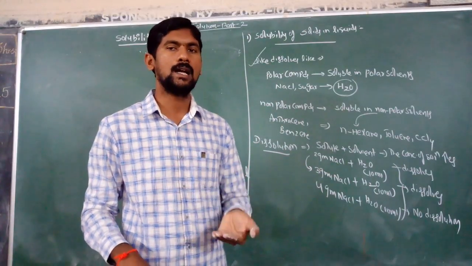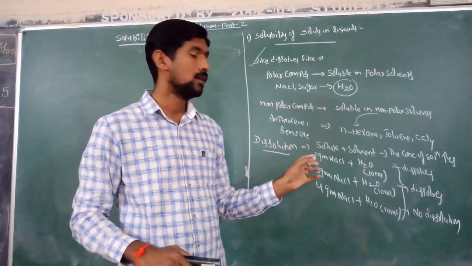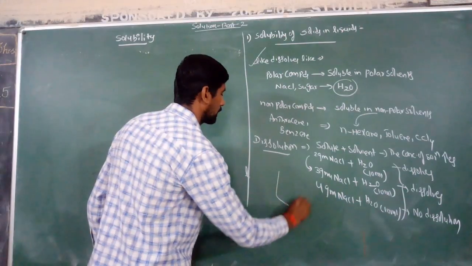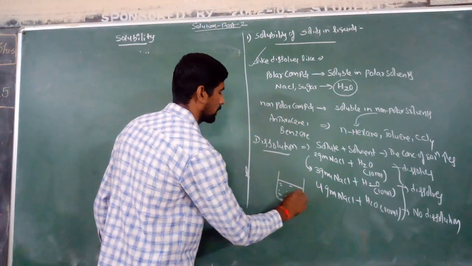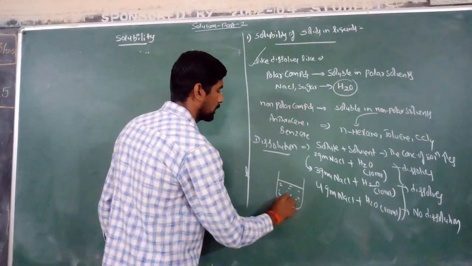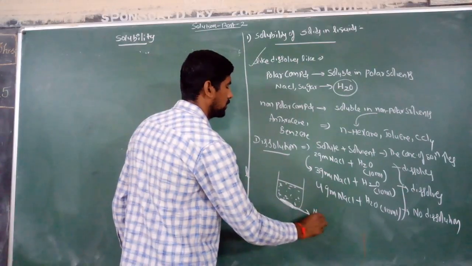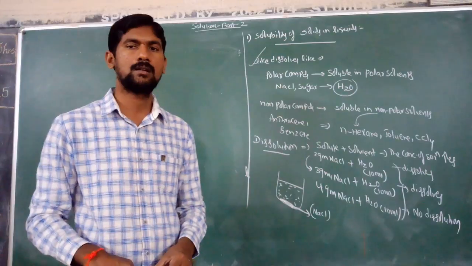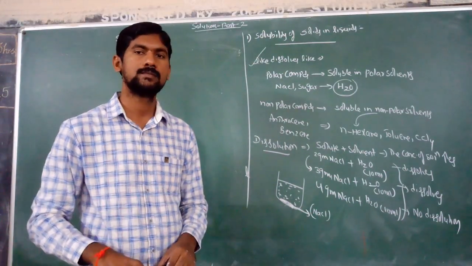If you add 4 grams, you will observe some precipitation in the beaker. Some of the sodium chloride is present in undissolved state.